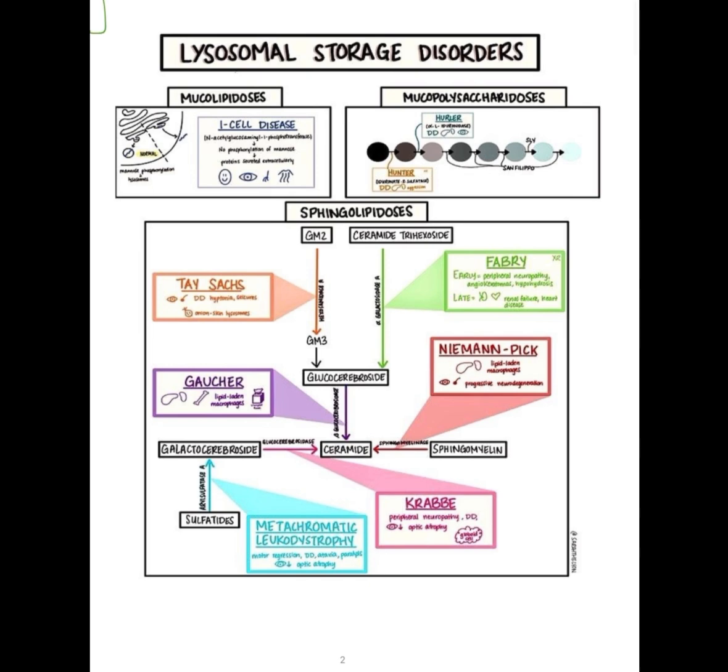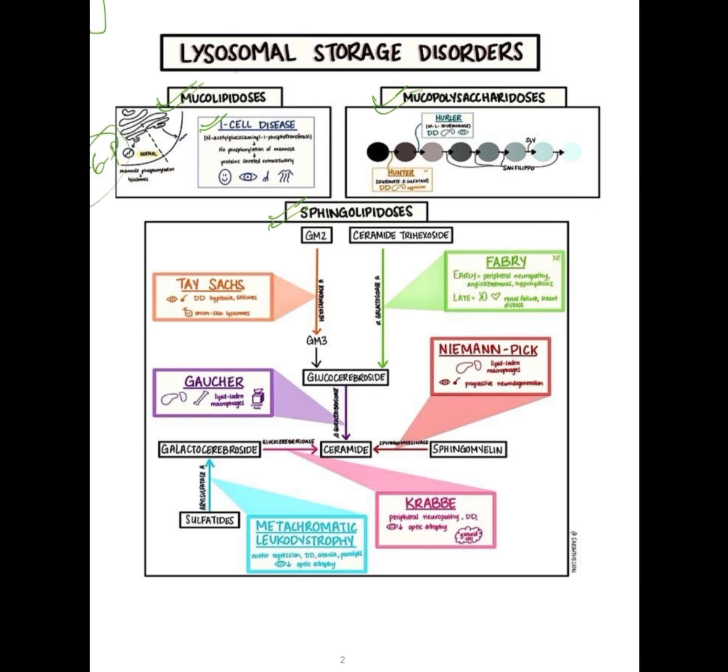Next, moving on to the next topic of lysosomal storage disorders. We all associate lysosomal storage disorders with mainly sphingolipidosis, but also remember mucopolysaccharidosis and mucolipidosis are part of it. In mucolipidosis, you need to remember a disease called I-cell disease, where the mannose is phosphorylated by Golgi bodies, leading to the formation of mannose 6 phosphate.